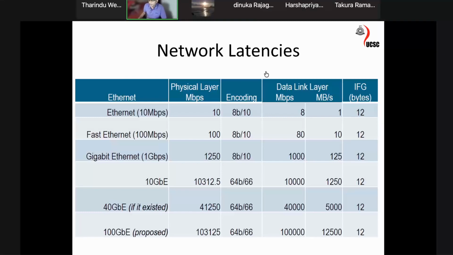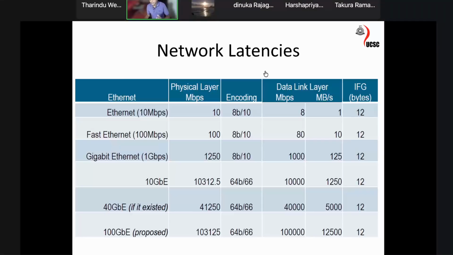So 2 overhead bits are there, which means almost 20% overhead from the physical layer to data link layer conversion.